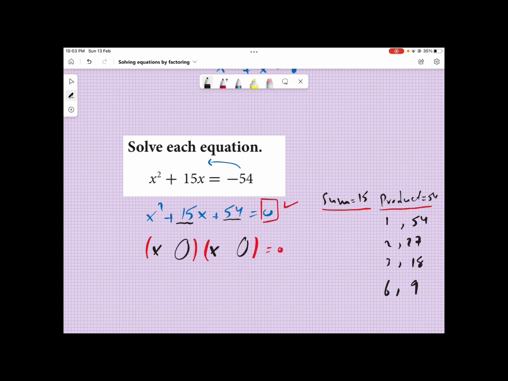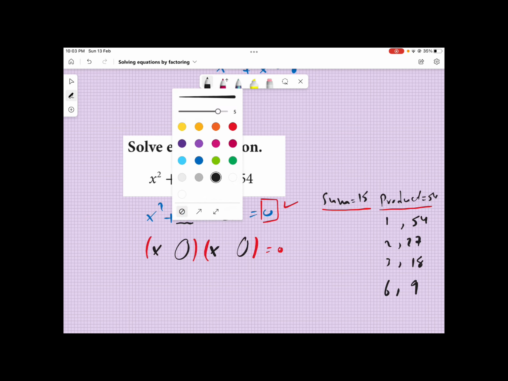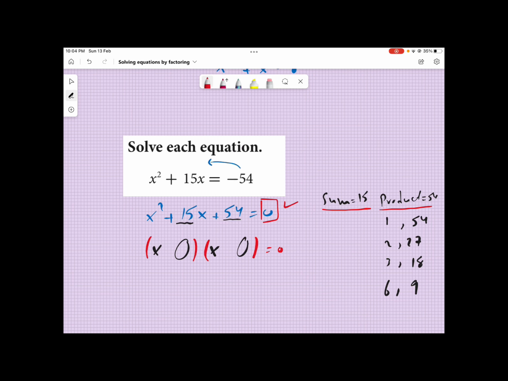Since the product is positive, we have 2 possibilities. Either the numbers are positives or negatives, so either plus 1 plus 54 or negative 1 negative 54. But since the sum is positive, we're gonna neglect the negative.